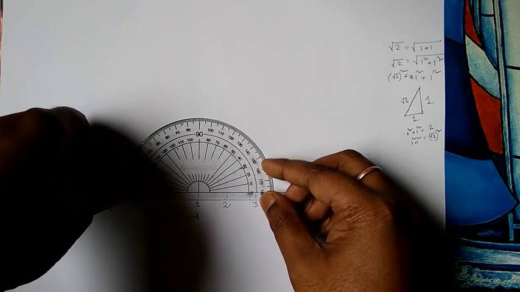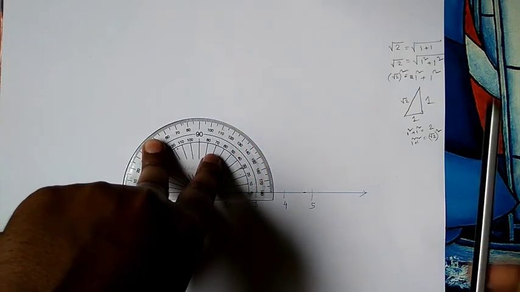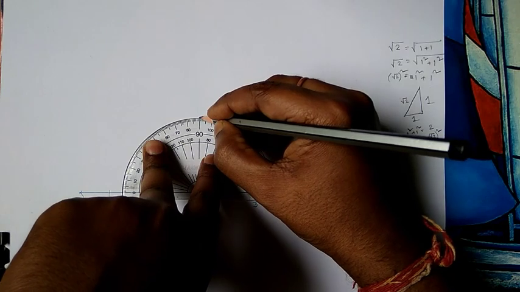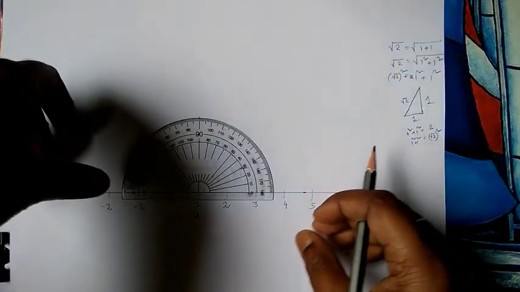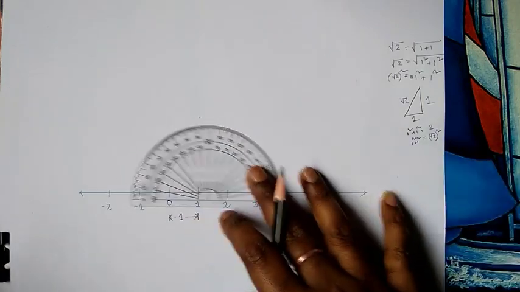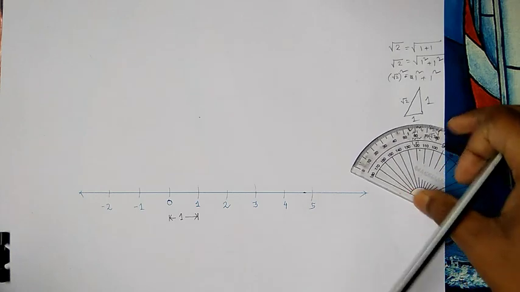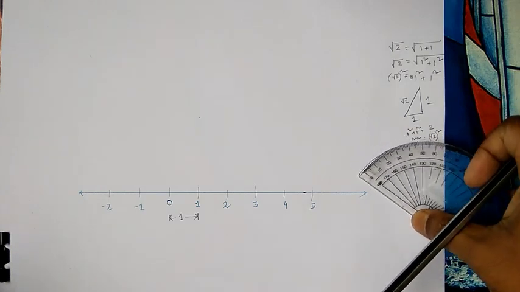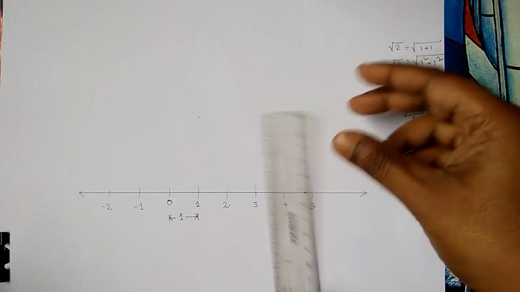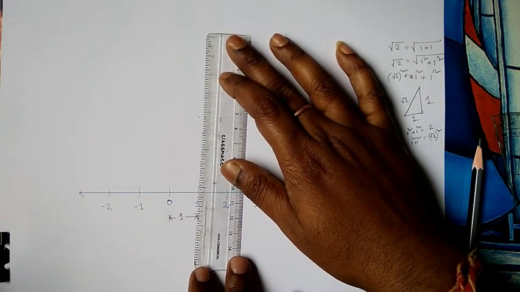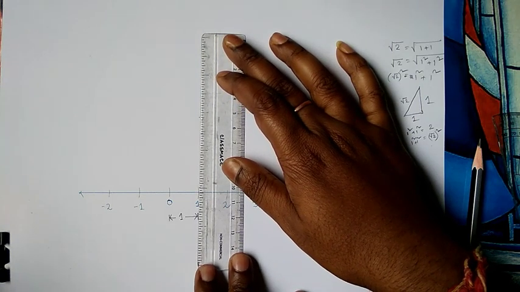I am doing this by protractor because time is very less. In this video I am going to show you lots more figures. That's why I am using a protractor here, but you can use your compass to draw the figure.